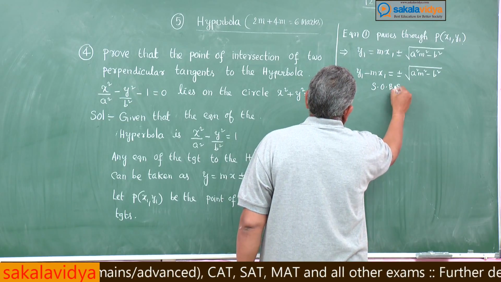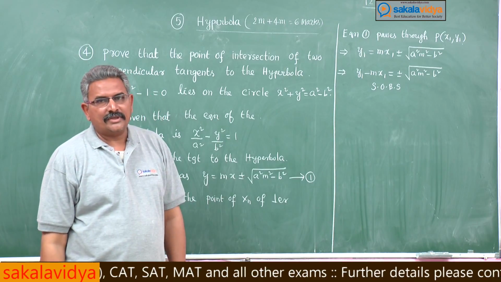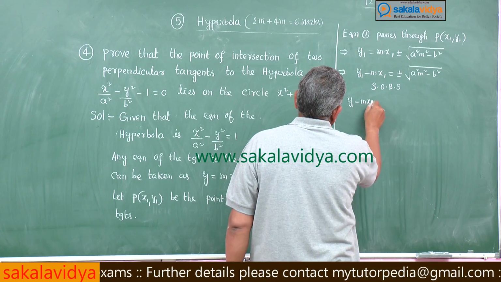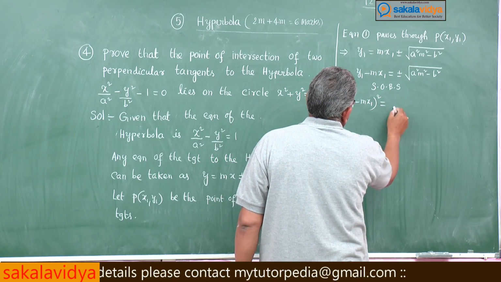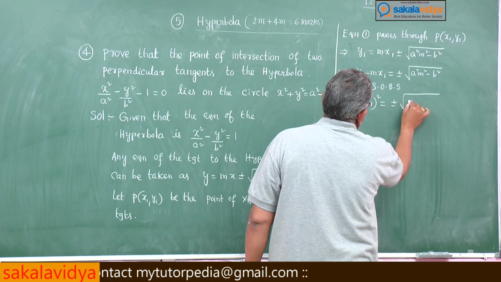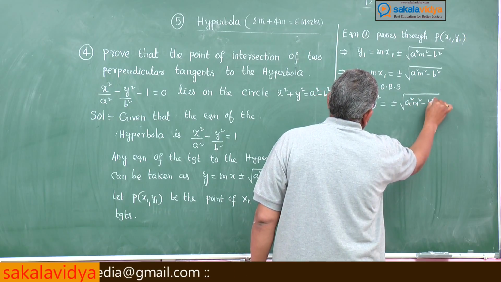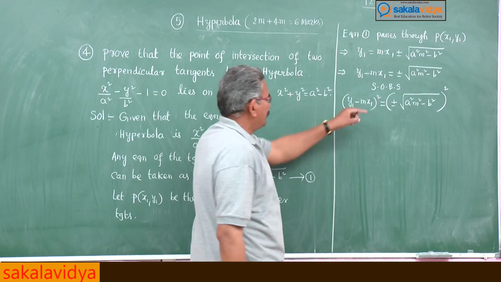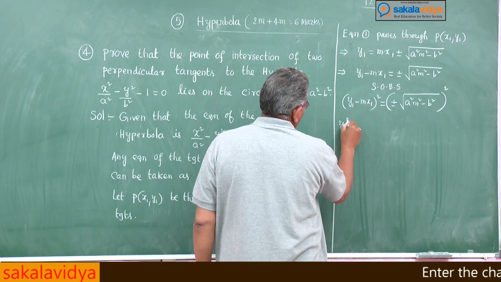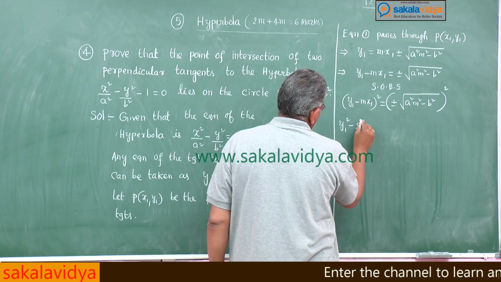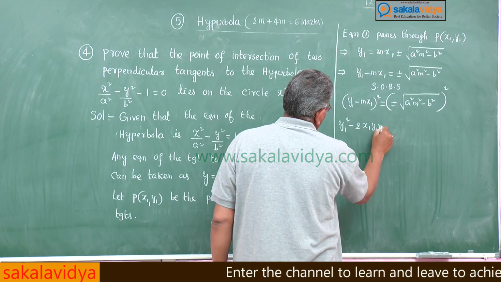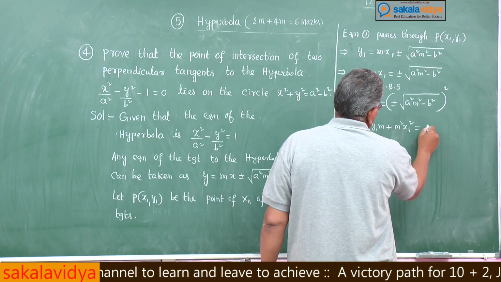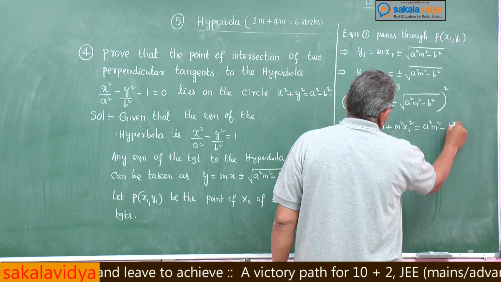Squaring on both sides. If you square it, y1 minus mx1 whole square is equal to plus or minus root of a square m square minus b square whole square. We get y1 square minus 2 x1 y1 m plus m square x1 square is equal to a square m square minus b square.